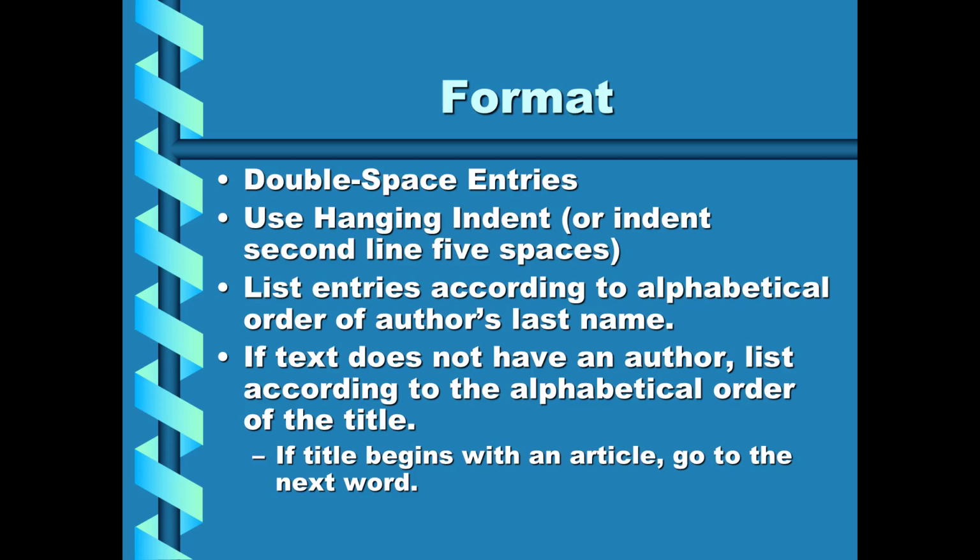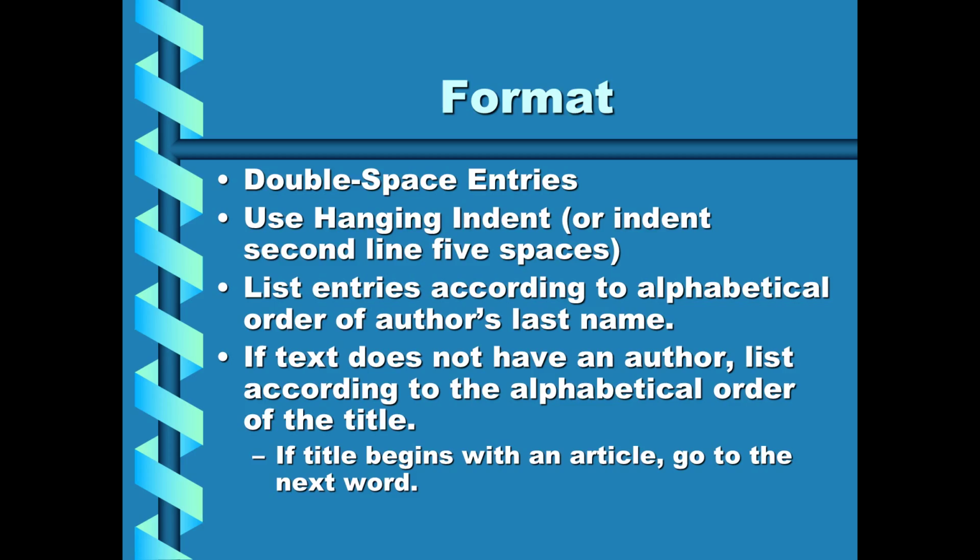If you're citing a source that does not have a person as the author, if it's either the title of a work itself or the title of a corporation, you would again list it in alphabetical order, except if the first word of that title is one of the articles, a, an, or the. You would then alphabetize it by the next word in that title.